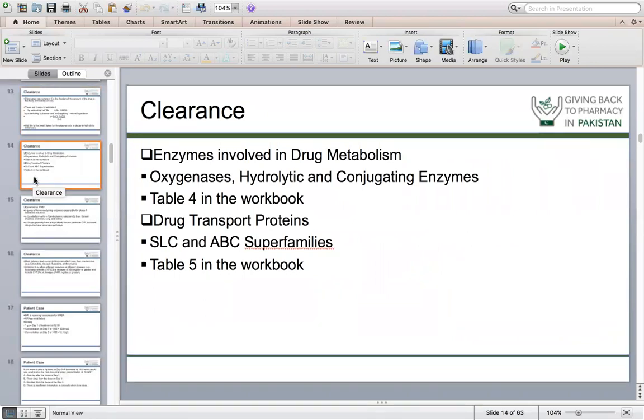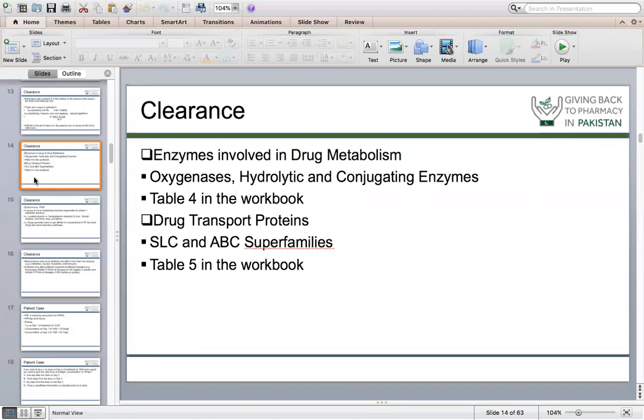We already discussed that the liver is the main organ responsible for metabolism. These are the enzymes which are associated with drug metabolism, and there are lots of enzymes responsible for drug metabolism, like oxygenases, hydrolytic and conjugating enzymes.